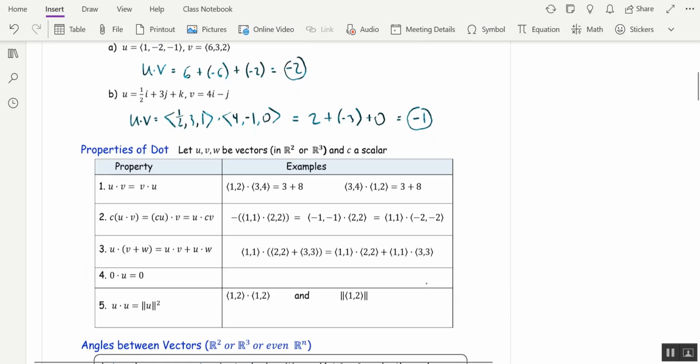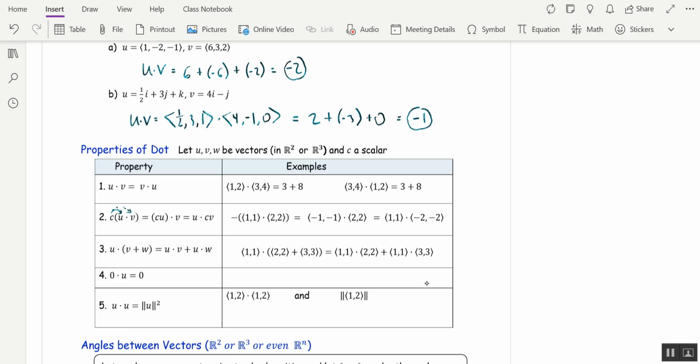So here's some properties of dot. Dot is commutative, and in the right column, I've got examples of each property. There are two distributive properties. The way scalar multiples distribute into dot is the constant c can be distributed to u or distributed to v, not both.